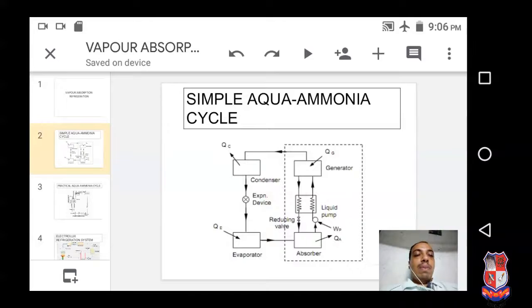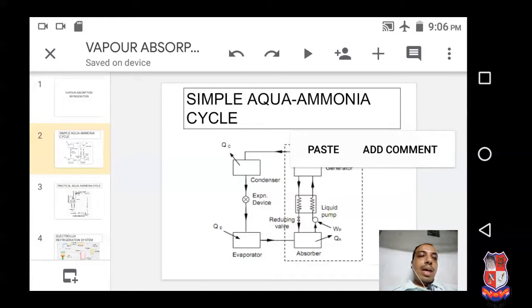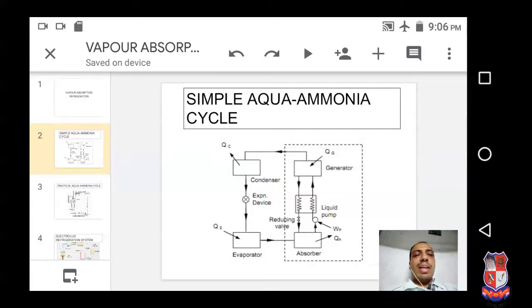At the exit of the evaporator we get low pressure low temperature vapor refrigerant. Here ammonia is the refrigerant and water is the absorbent. That's why at the end of the evaporator we get low pressure low temperature vapor ammonia.